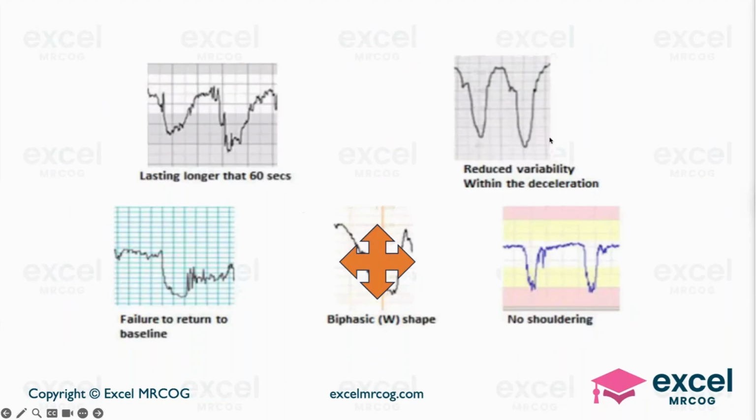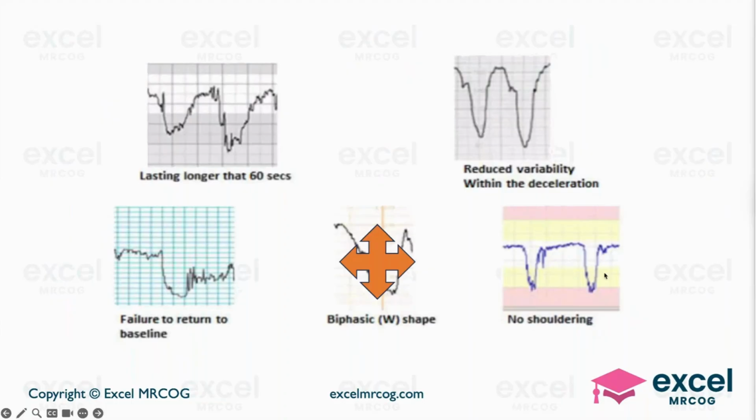The earlier one had all 5, but any variable deceleration lasting 60 seconds or longer is concerning. Any variable deceleration that does not come back to normal, meaning this is your baseline, it went down, it didn't come up, it remained there. Any deceleration without variability, can you see this up and down is not happening here, so this is reduced variability inside a deceleration.